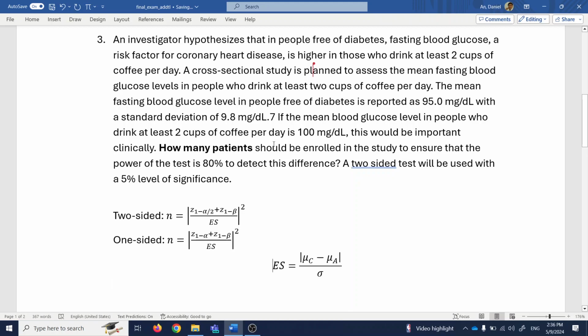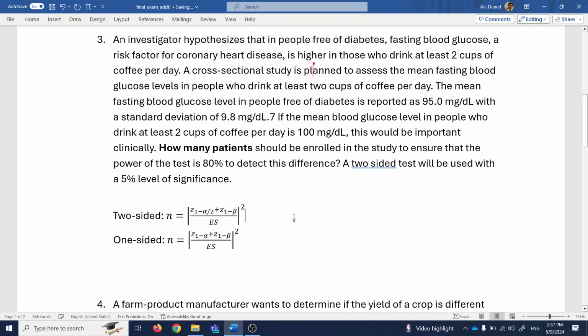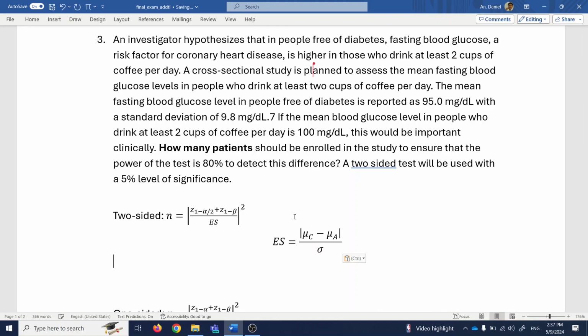All right, so in our case, this is a two-sided test. Therefore, we just have to use this one with effect size. So there's one mean, which is 95. The other mean is 100. And you want to detect this difference.